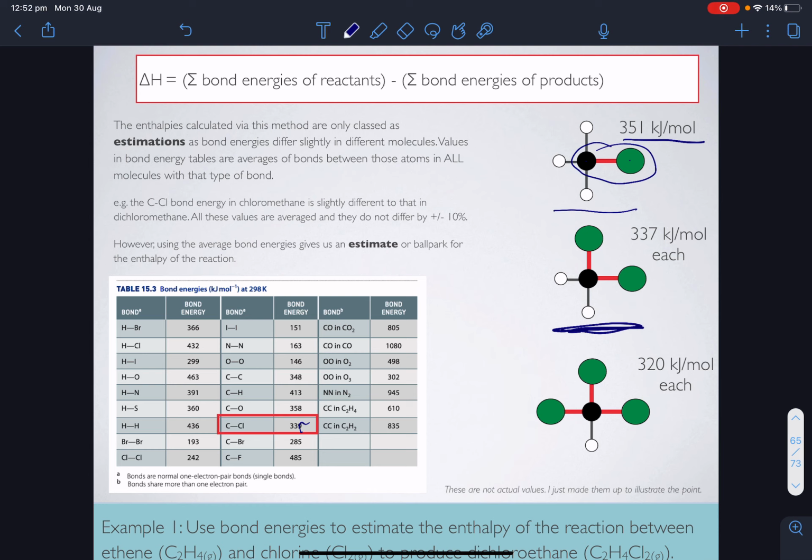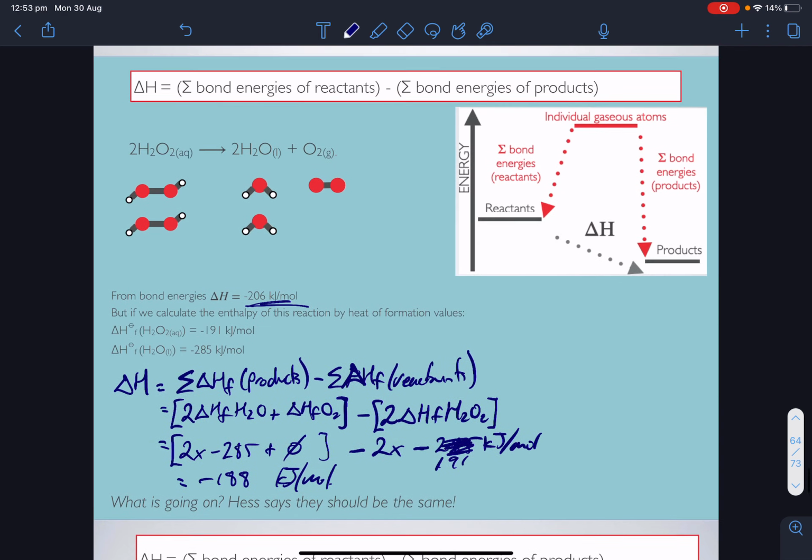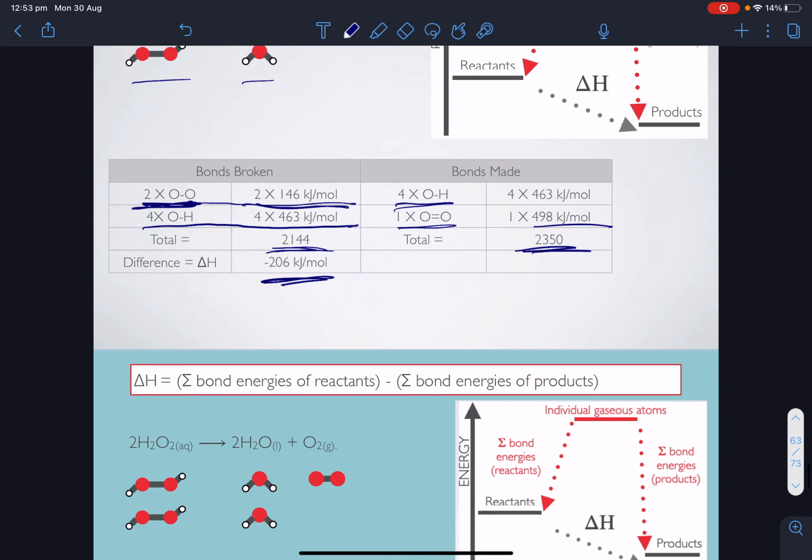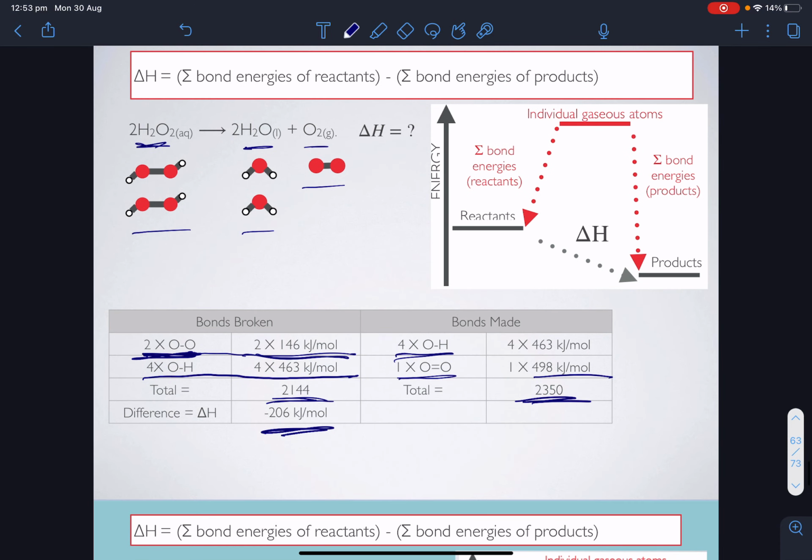But what you need to appreciate is that the number that we finally put in the table is an average of all these. So when you're looking at a table for bond energies, and you're using those bond energies to calculate the enthalpy, it's just an estimate. The first one that we did here was an estimate of the enthalpy, and we got negative 206.